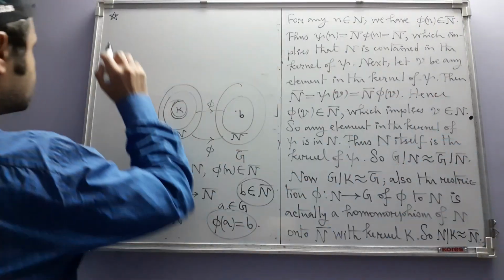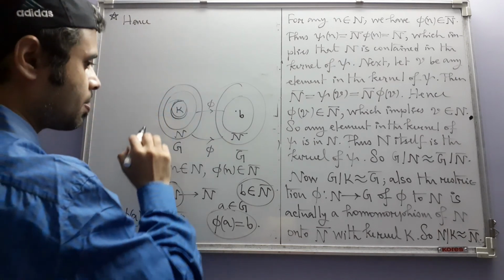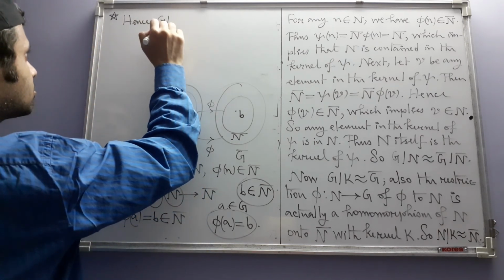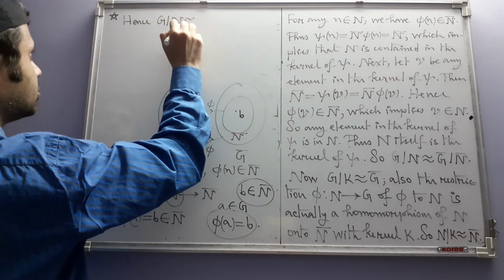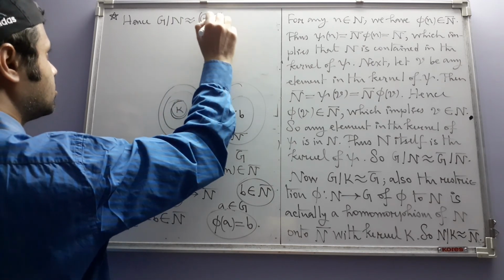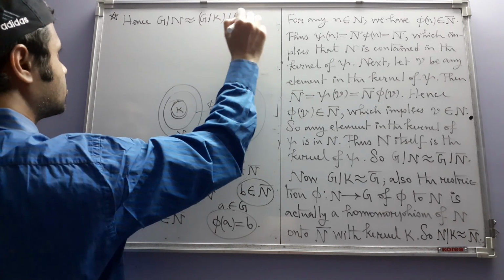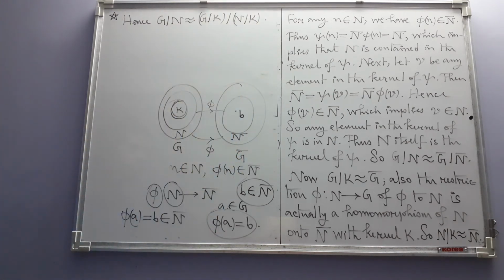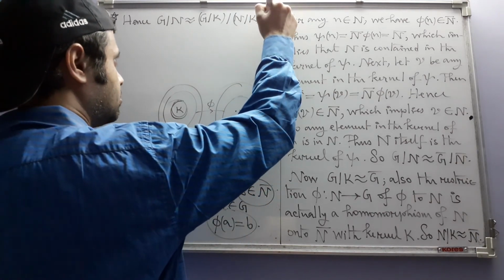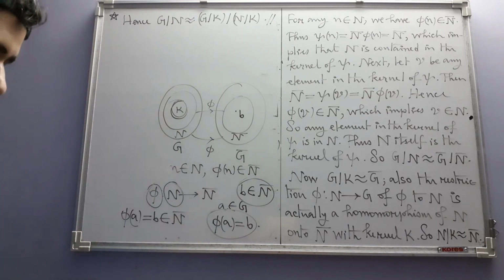So hence G by N is actually isomorphic to (G by K) by (N by K). Okay, so this completes the proof of the theorem.